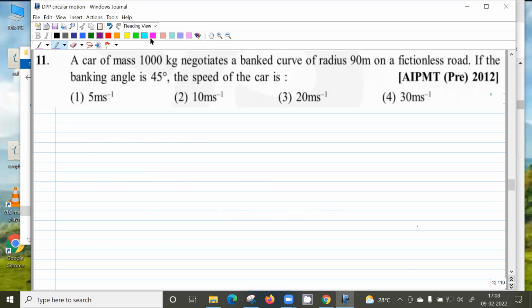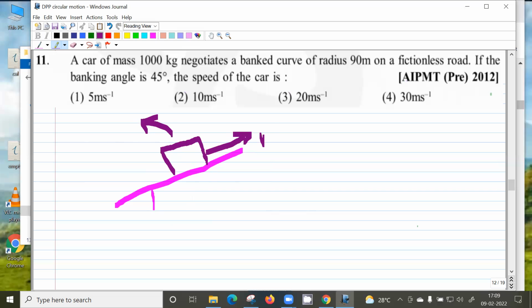No, sir. See, the road is like this. Okay, so it's at an angle of 45 degrees. And the car will be like this. This is the car, which is moving in this direction. Okay, the forces acting on the car. So basically, if it's a flat road, there will be a centrifugal force here, right? mv square by whatever the radius.